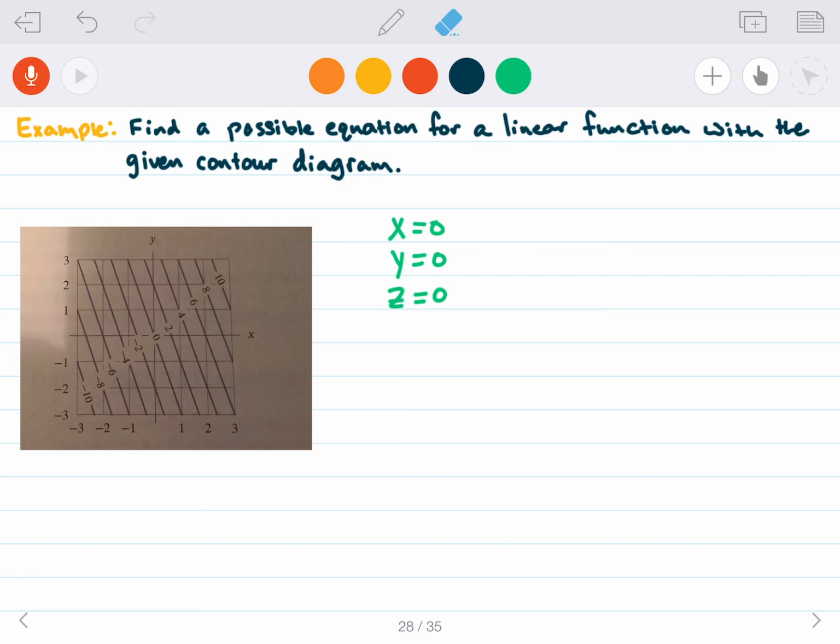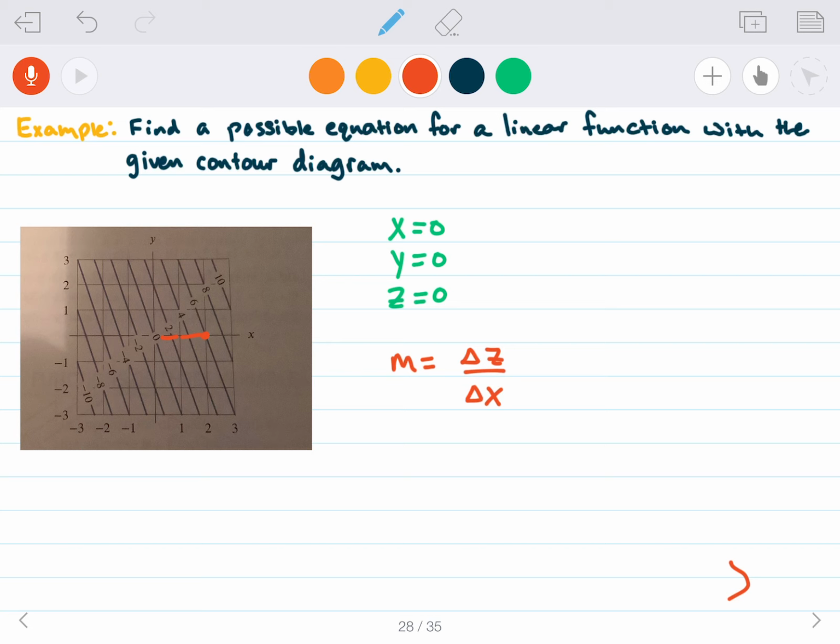Now, how can I find the slope in the x direction? Well, the slope in the x direction, m, is going to be the change in z over the change in x. So let's see what happens when I start at x equals 0 and I move over 2 units. So I moved 2 in the x direction. Where did I land in z?